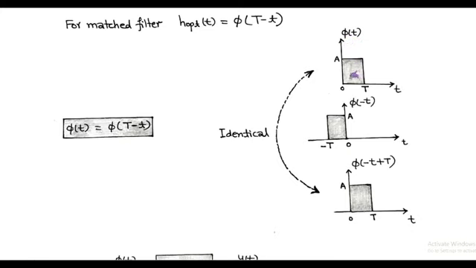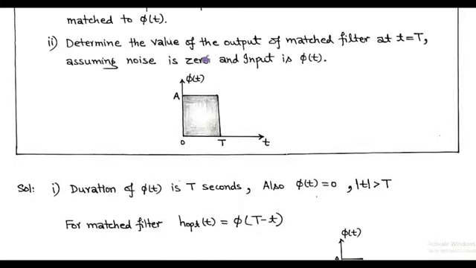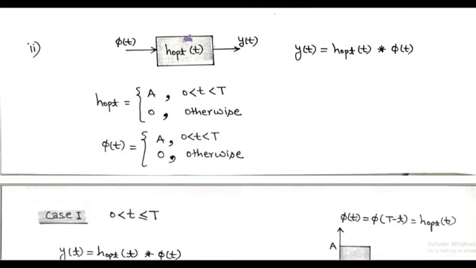And the second part is to determine the value of the output of the matched filter at t equals capital T, assuming noise is 0 and the input is phi(t). For this we consider an optimum filter having impulse response h(t) with input phi(t), and we know that the output of the optimum filter is simply the convolution of the input signal and the impulse response.